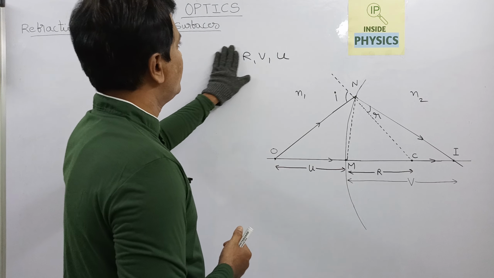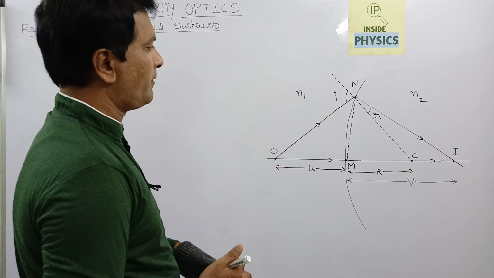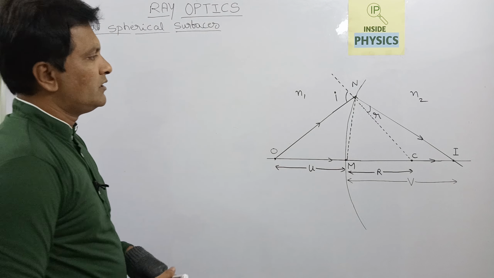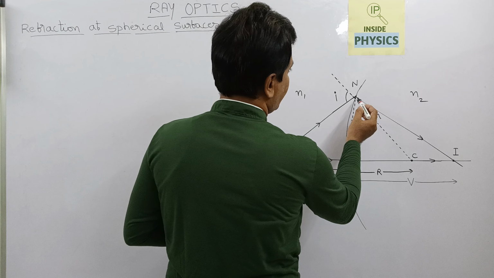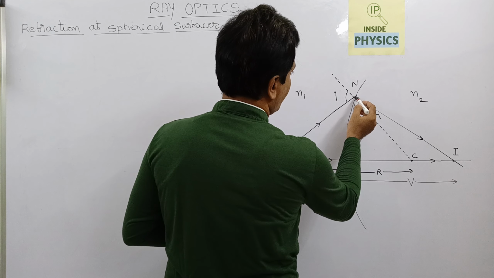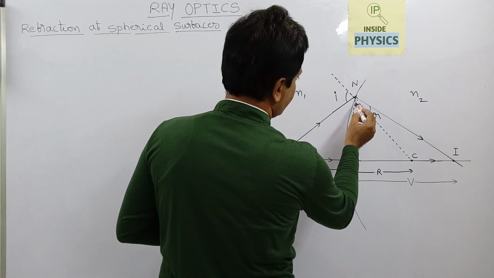For that, we will take some symmetries using the properties of triangles. At the beginning, I have drawn a normal from point N to point M. This is the dotted line.